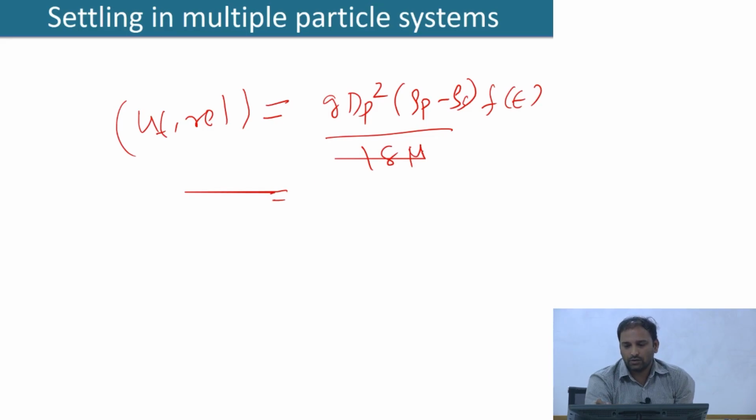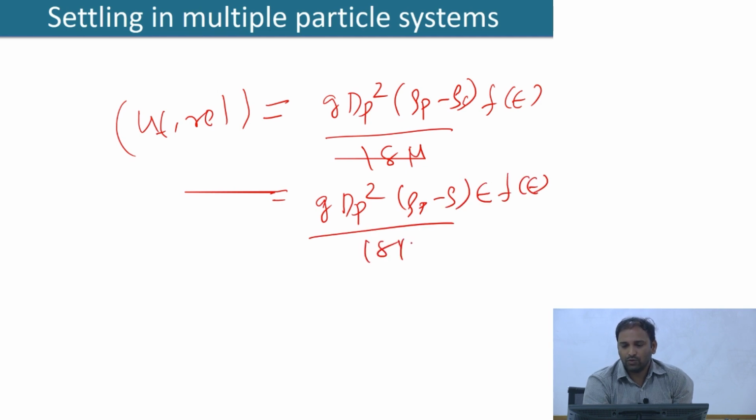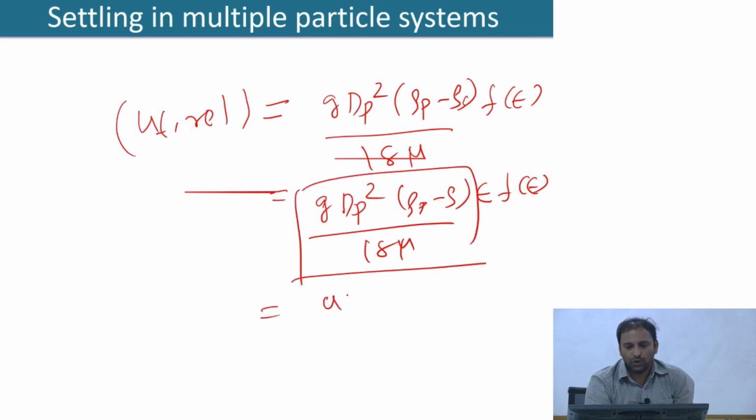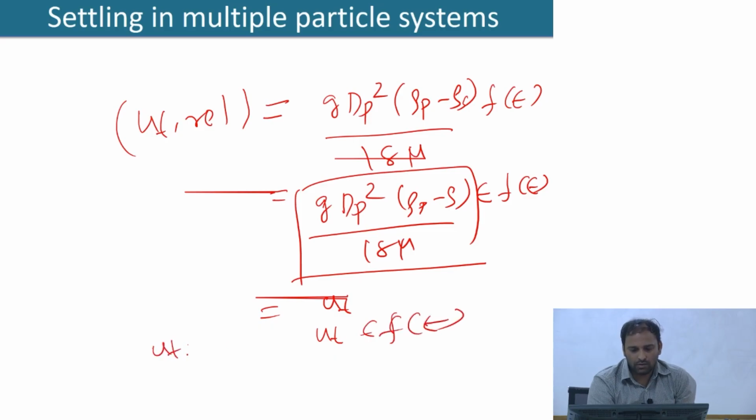If I work it out, it becomes g dp square into rho p minus rho into epsilon into f of epsilon divided by 18 mu. That is your single particle settling velocity, that is your ut, into epsilon times f of epsilon. I am going to put T here because that is again terminal velocity.